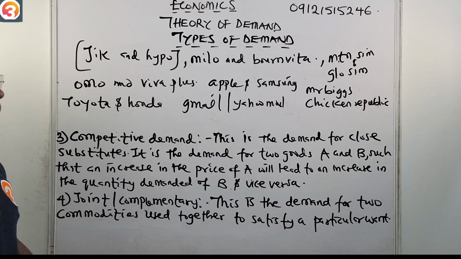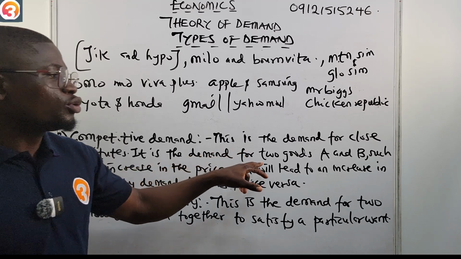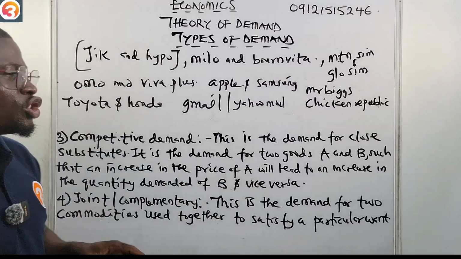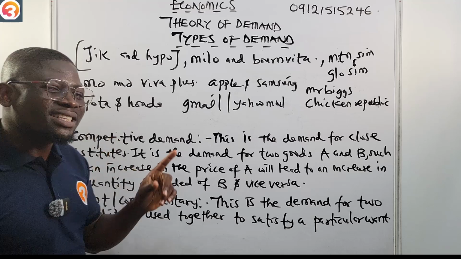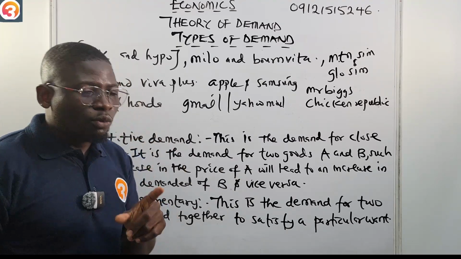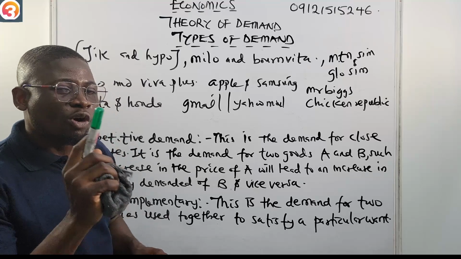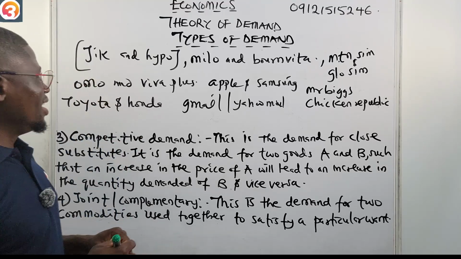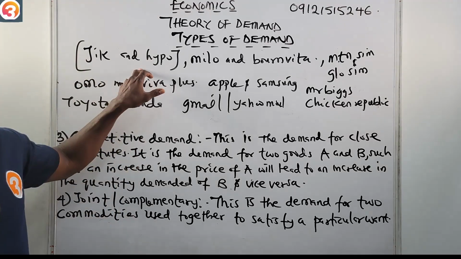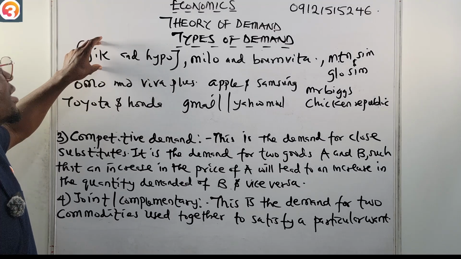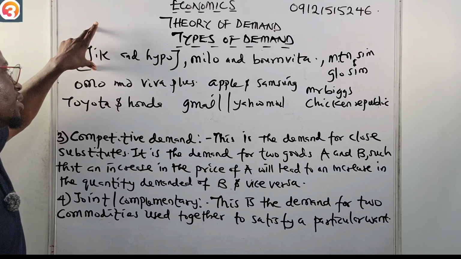Now let us proceed. It is the demand for two goods, A and B, such that an increase in the price of A will lead to an increase in the quantity demanded of B. For example, JIC and Hypo. JIC increases their price, let's say from 200 naira to 500 naira.